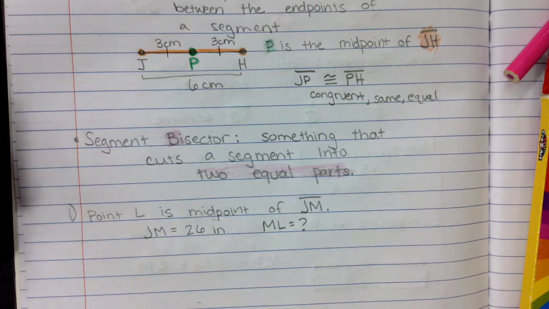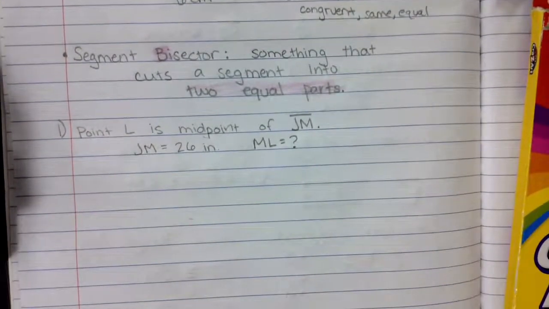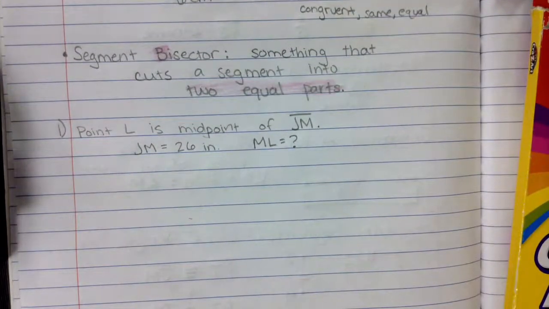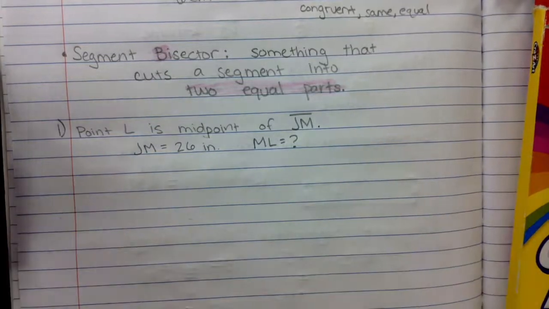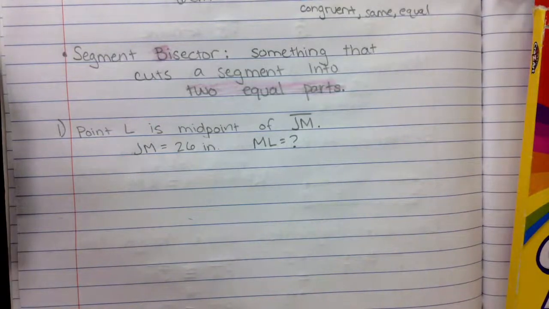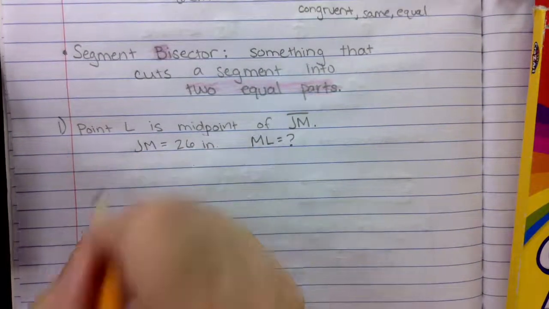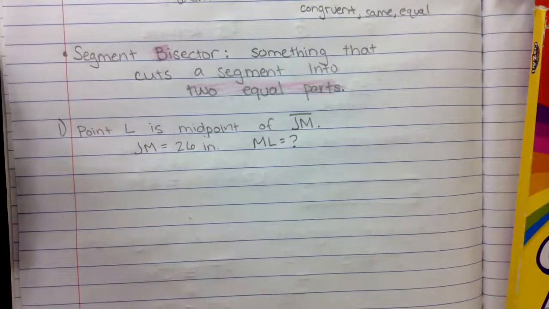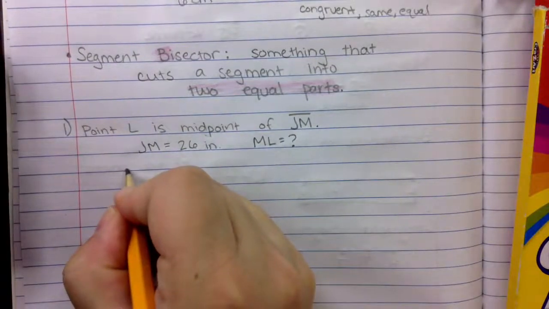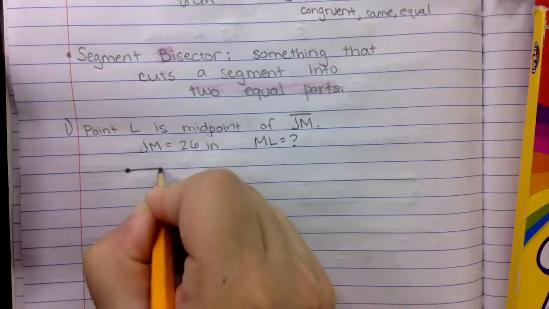We could do the congruent marks, or we could also label it with the measure that we know, which we can do at the end. And we know J all the way to M is 26. So we need to break that 26 up into those two parts, but those two parts are the same. So we know they're equal parts.